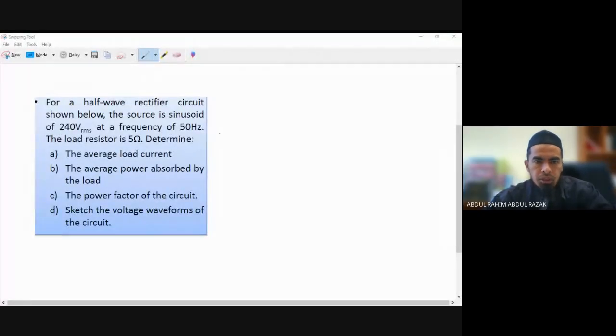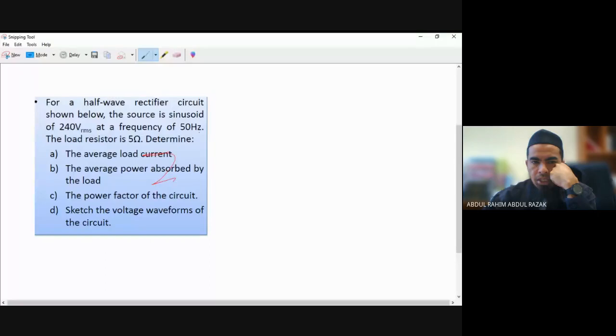If you go to the example, it is stated there for a half wave rectifier circuit, the source is sinusoidal, 240 volt, frequency of 50 Hz.